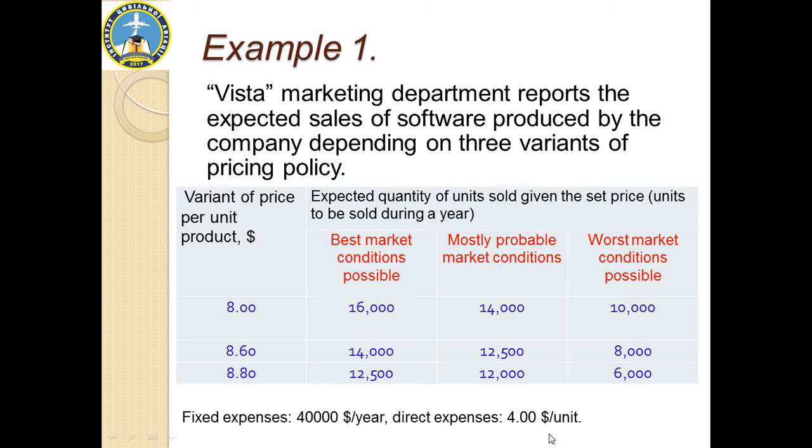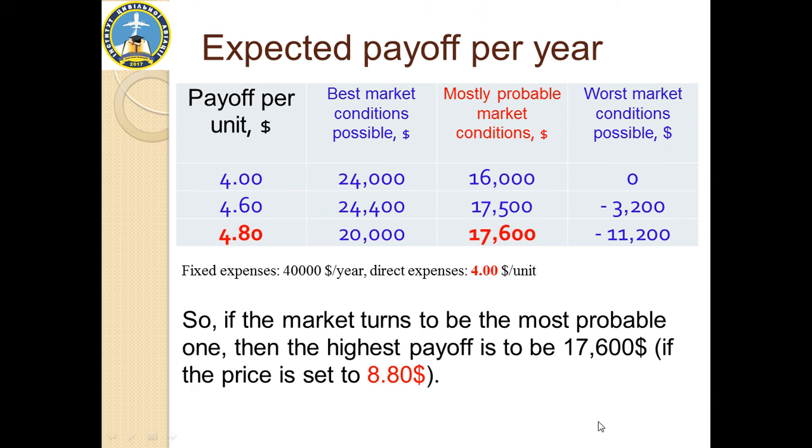So we can turn or represent all this data plus these expenses in form of payoff matrix, the so-called payoff matrix. So we can express this in terms of payoff per year. Payoff per unit, it's $4.